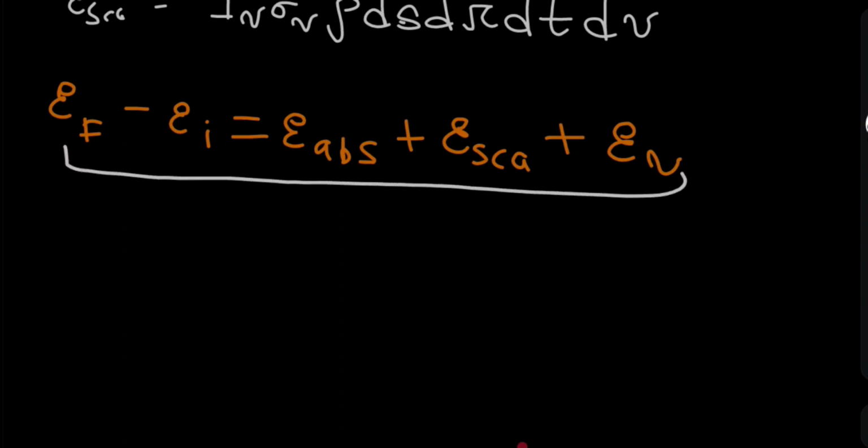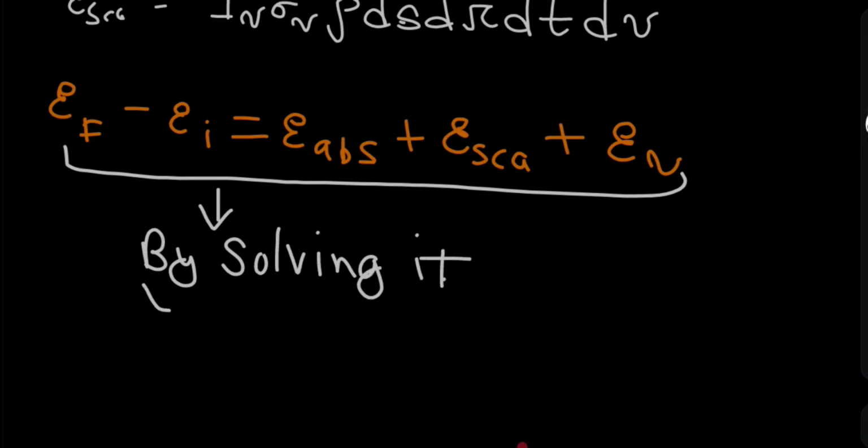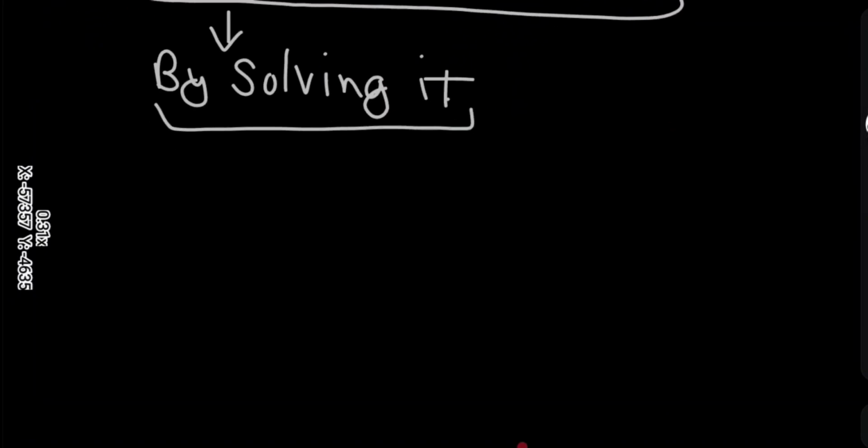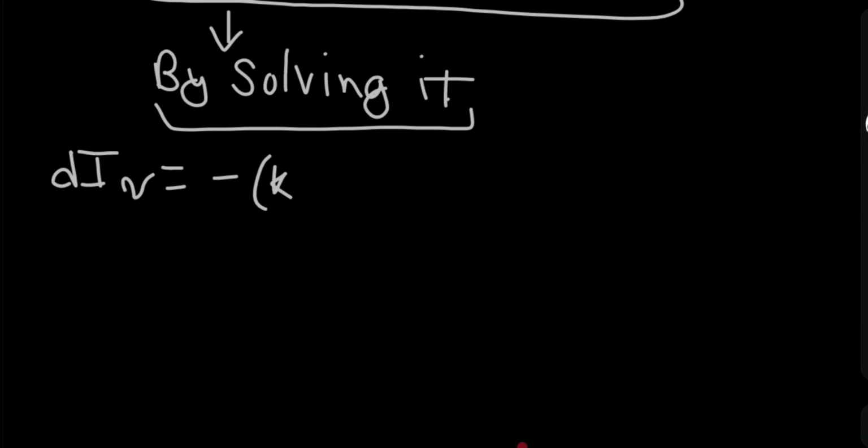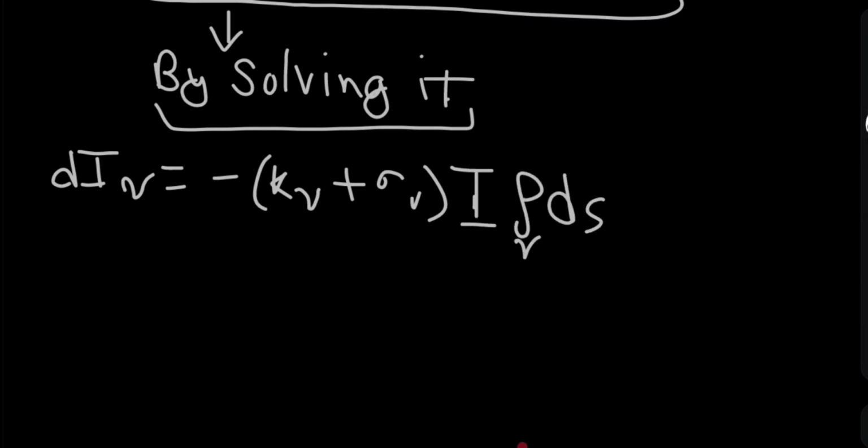When you solve this, you will get this equation: dI mu is equal to negative of k mu plus sigma mu, rho ds I mu, where mu is a subscript, plus j mu rho ds.